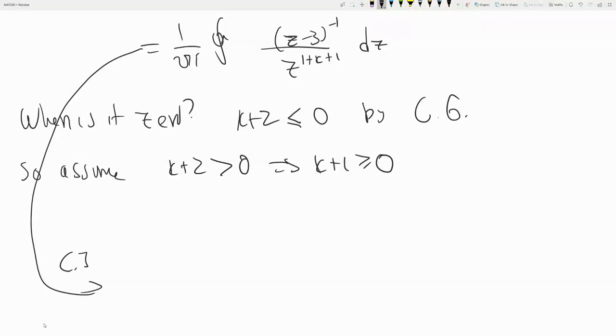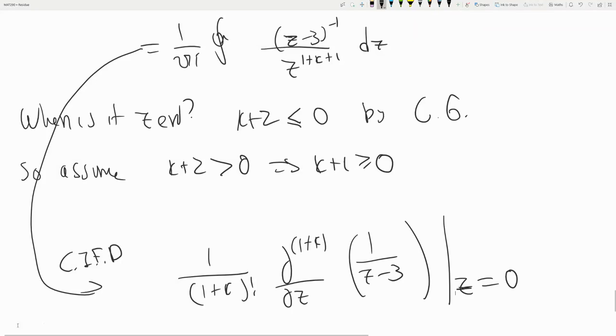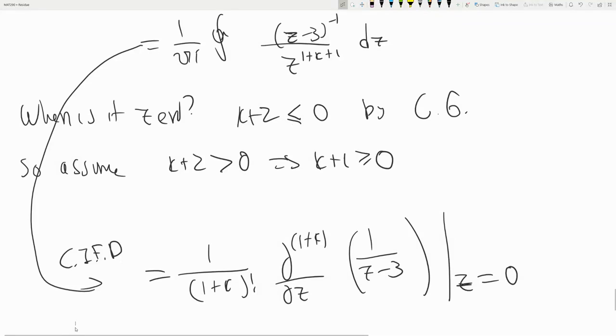So same business, by Cauchy integral formula for derivatives, I give you the following: 1 over k plus 1 factorial, and then take the kth derivative of z to the minus 3 and evaluate at z equals 0. Is that okay?